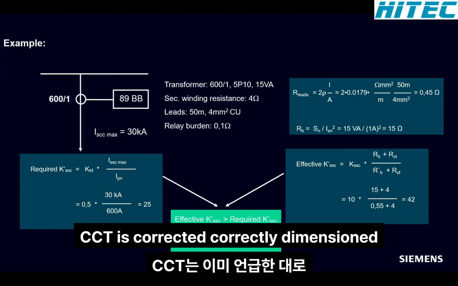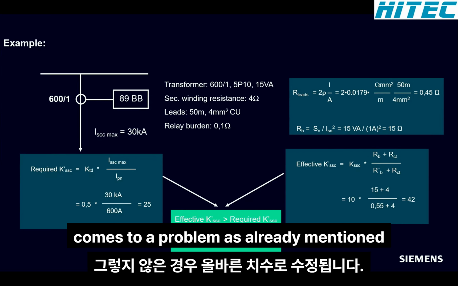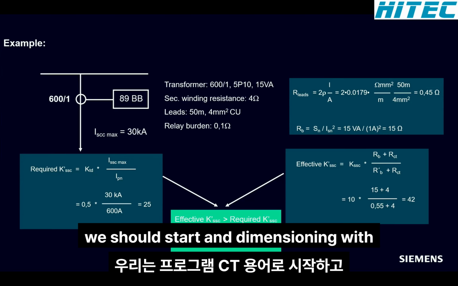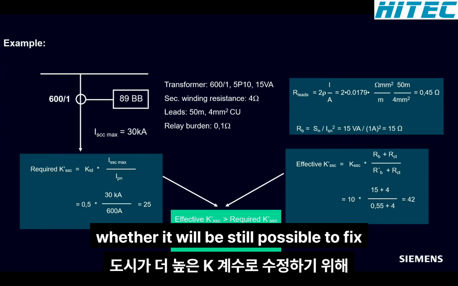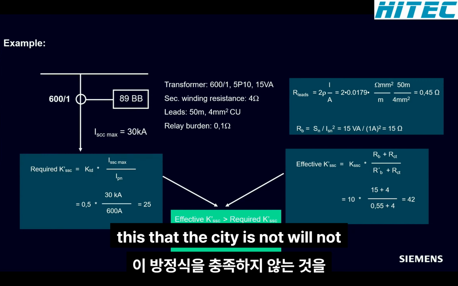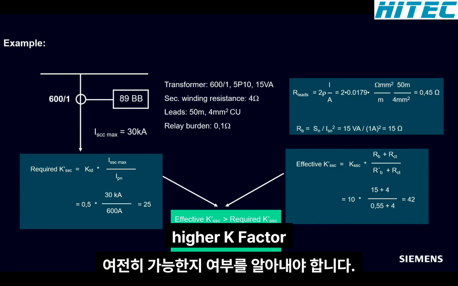The CT is correctly dimensioned. If, according to this calculation, it comes to a problem, as already mentioned, we should start the dimensioning with the program CT-TIM and find out whether it will still be possible to fix this, if the CT will not fulfill this equation, with a higher K factor.